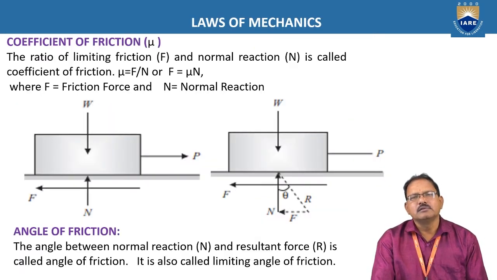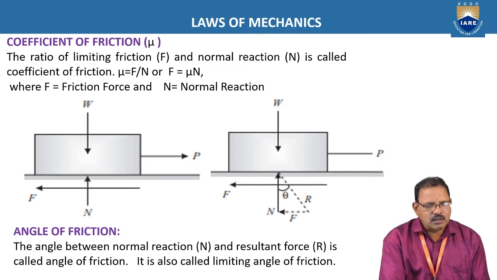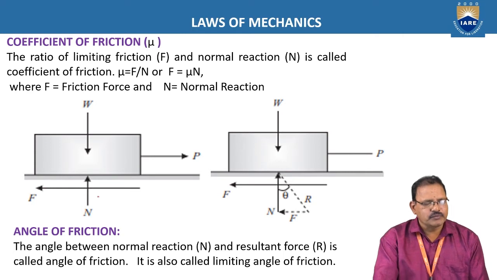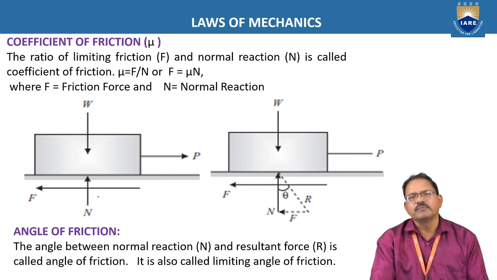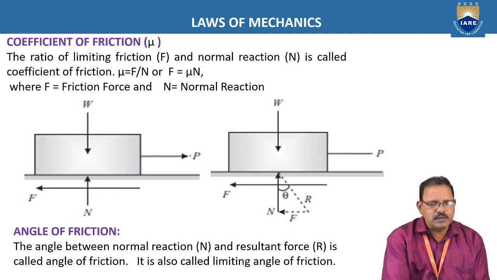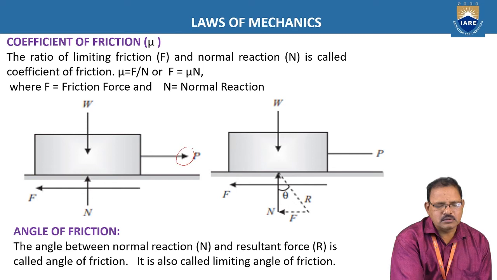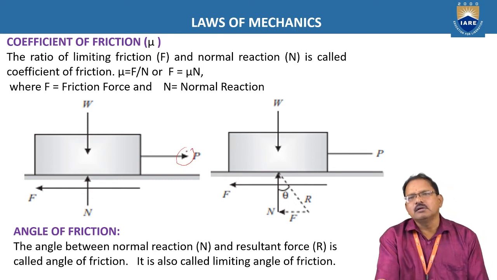Coefficient of friction. Here I am taking just the first figure. The body is resting on a horizontal plane. A force P is applied on it to change its state of rest.